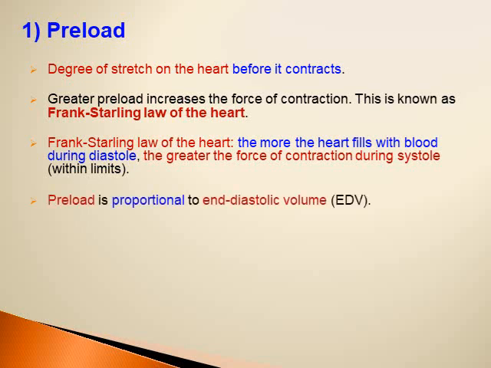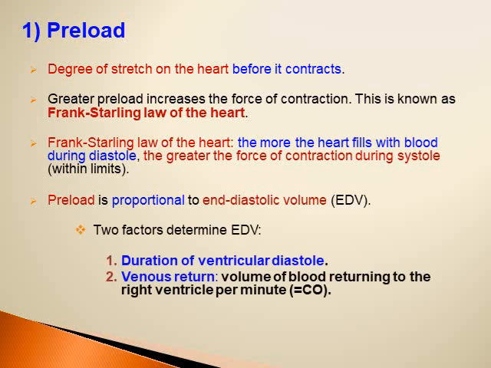The preload, since it is the degree of stretch of the ventricles by blood, and this degree of stretch is determined by the volume of blood present in the ventricles at the end of diastole. So preload is proportional to the end diastolic volume. Two factors determine the end diastolic volume. Number one, the duration of ventricular diastole.